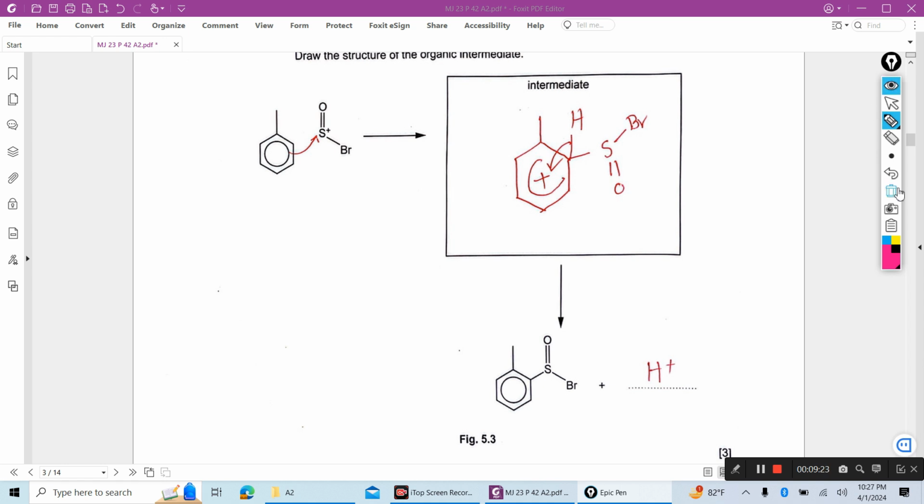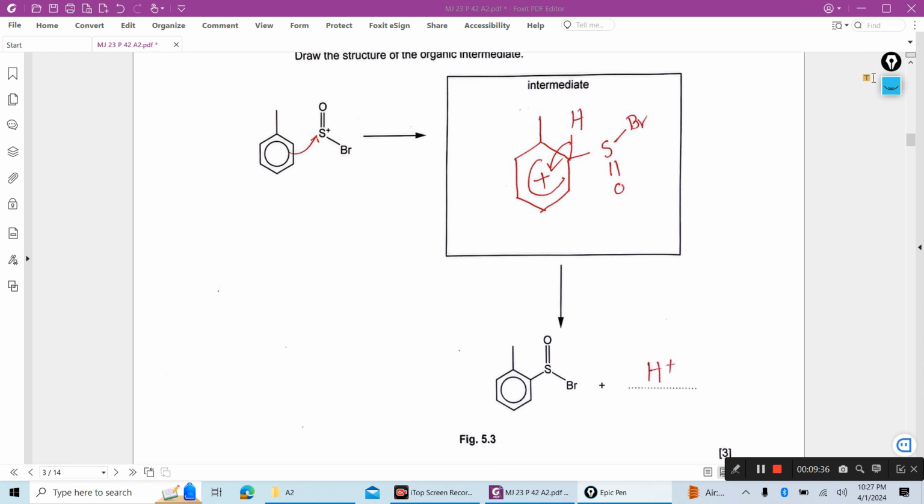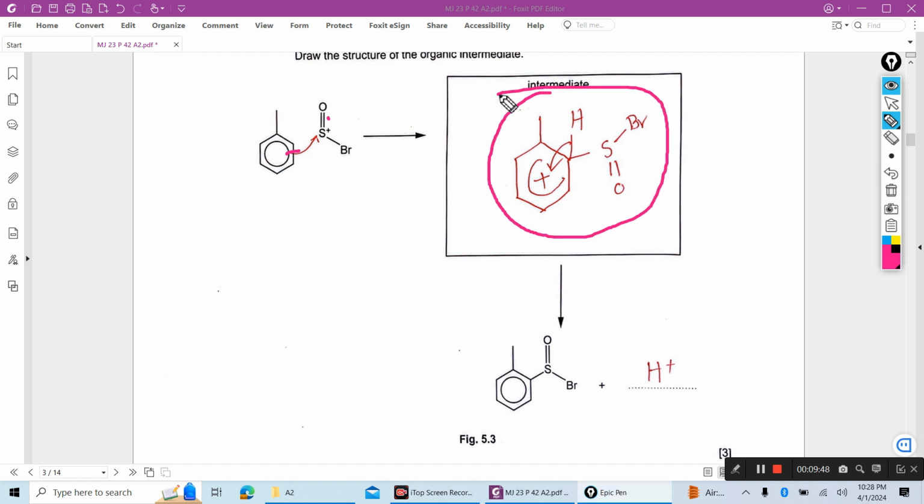The first step, formation of an electrophile, is already given. Now the second step: the electrophile attacks the benzene ring to form a carbonium ion or carbocation.